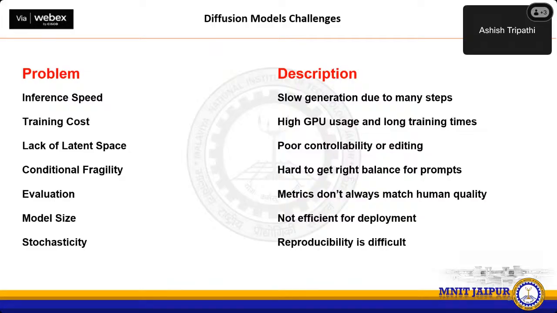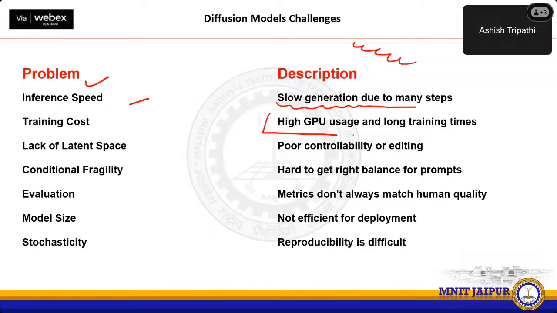Now, at the last, I would like to discuss some of the challenges that diffusion models may have, in a similar way that I have discussed for the GAN models, such as mode collapse and the Nash equilibrium problem. Similarly, the diffusion models have problems like slow generation, because in one step we have to do a lot of predictions in the reverse process.